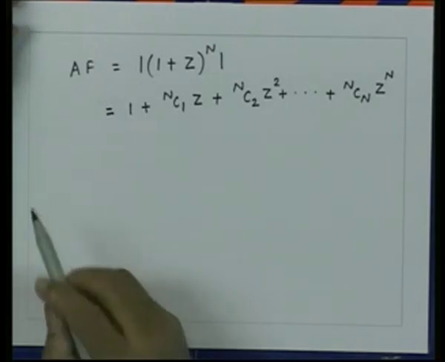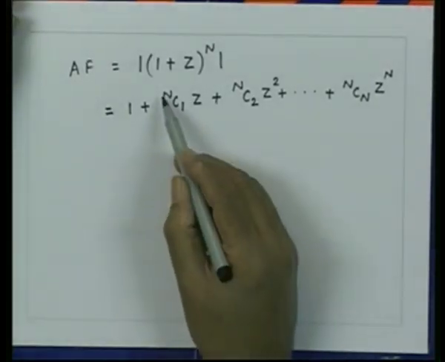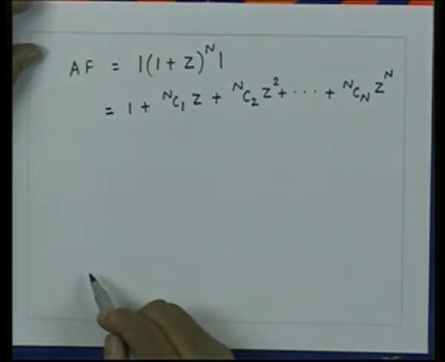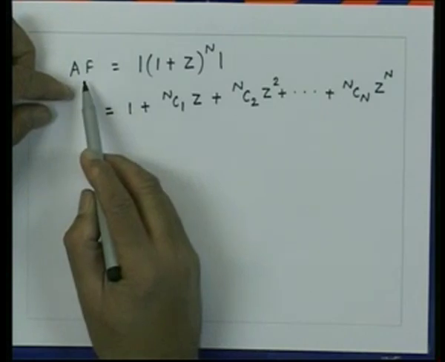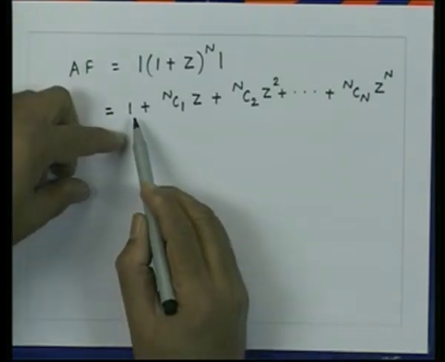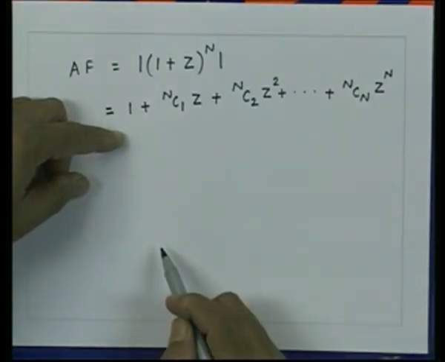As we discussed in the last lecture, the coefficients of z essentially give me the current excitation. So, now this array factor corresponds to an array which has n plus 1 elements, because there are n plus 1 terms in this polynomial.